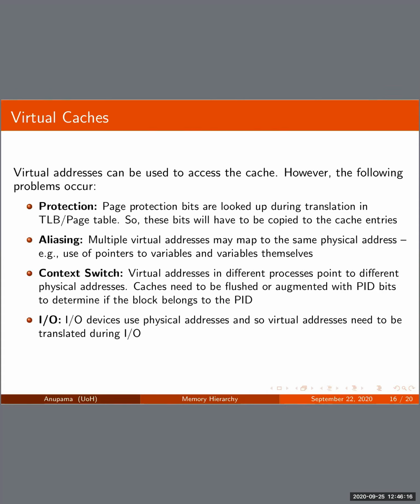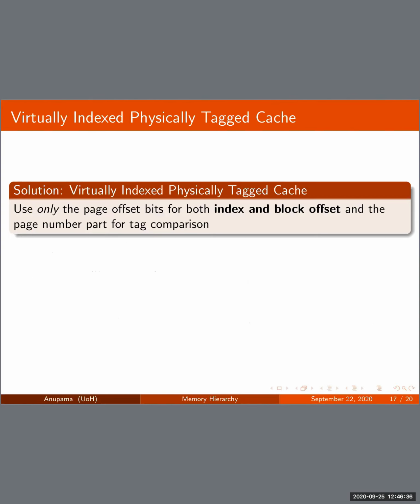But every bit you add to the cache obviously adds to the cost and power consumption, and also the complexity of the match. So it can still affect the hit time. So if no questions, we'll consider what is the solution.